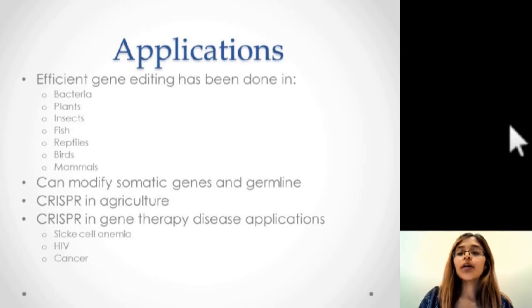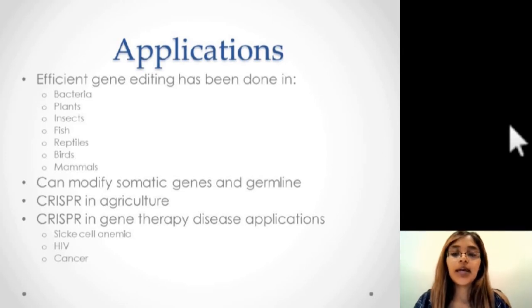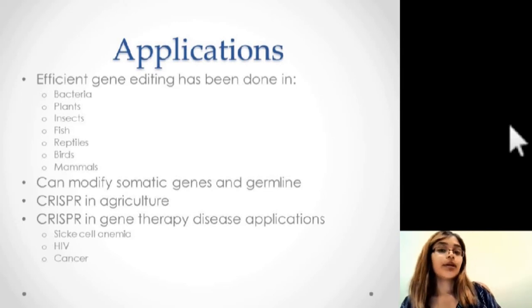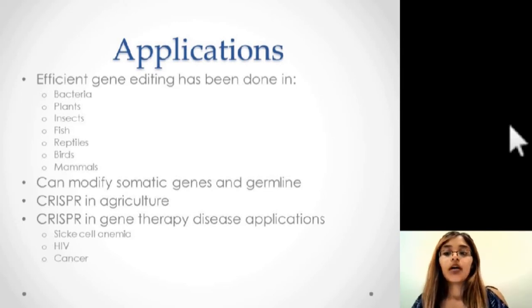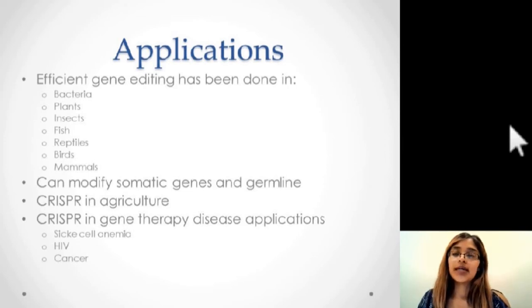CRISPR-Cas9 can modify somatic genes, which is pretty much what we're doing right now, and germline cells, which is an ethical issue that we're going to be discussing later on. There are many applications where CRISPR-Cas9 has been used, but we're going to be talking about agriculture and gene therapy.